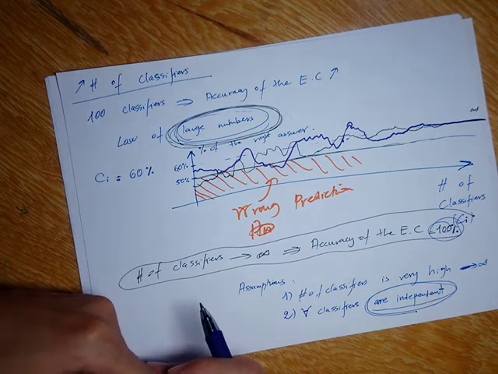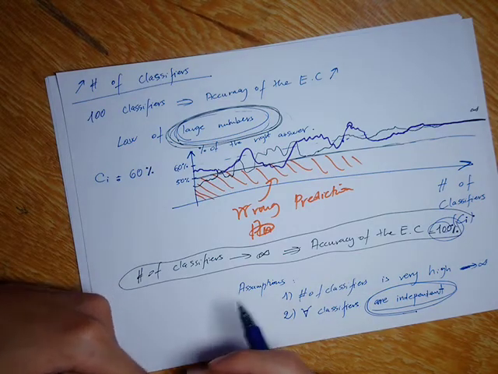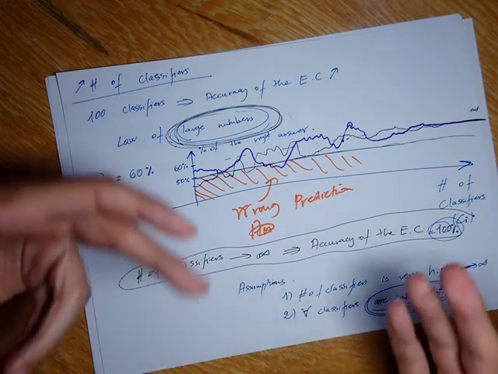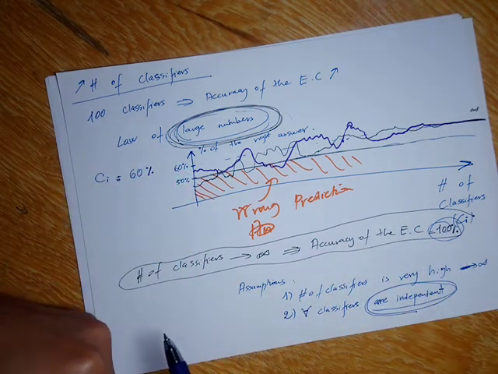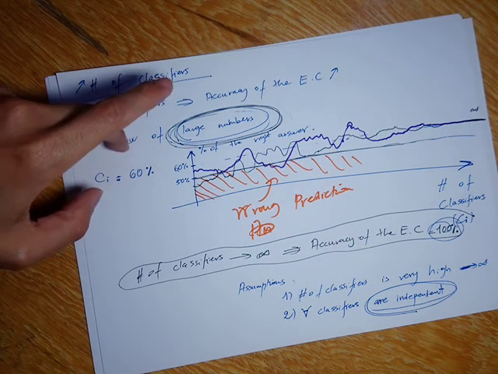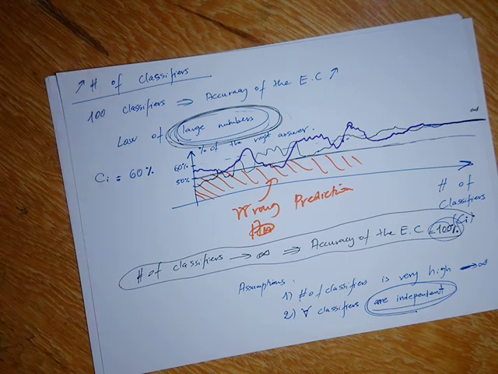They have some common training samples, and this means that some wrong answers can be repeated just because they have similar training sets, and this means that they are not completely independent. However, we have found a way around that to take advantage of this law of large numbers to create our ensemble classifier, and I will talk about some techniques to reduce the dependency between classifiers in the next videos.